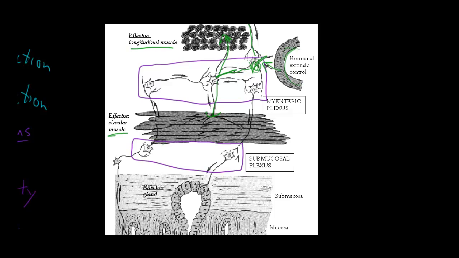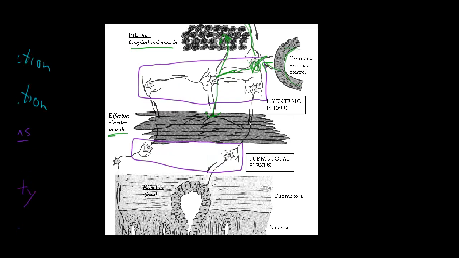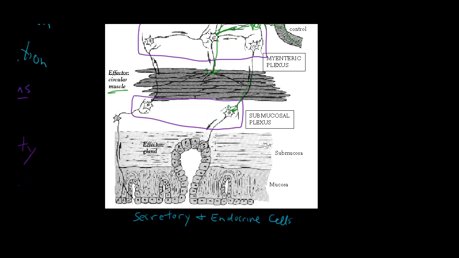We also see how the parasympathetic information could come down and go on to the muscles, or from the myenteric plexus could go down and synapse on the submucosal plexus. And then that information could go further down and onto the effector system, like the epithelium.